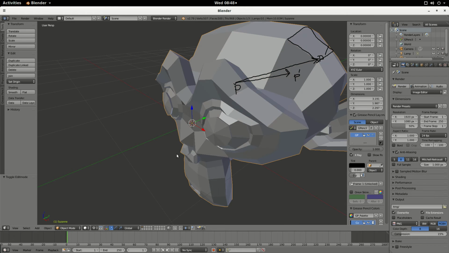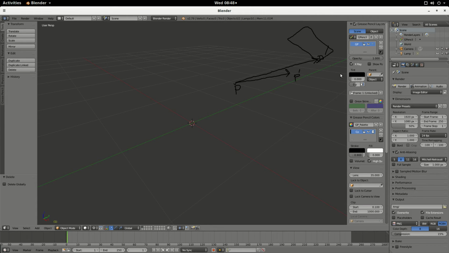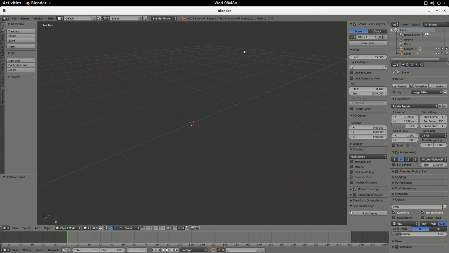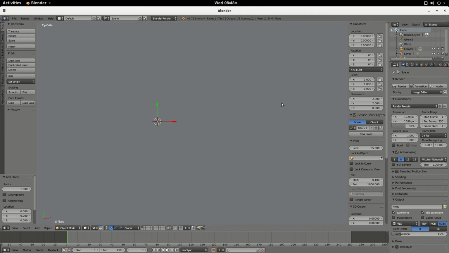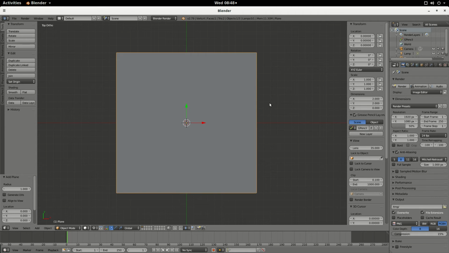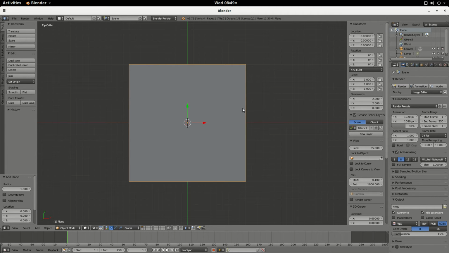So let me delete this monkey head for now, and also get rid of the drawing as well. Alright, to keep things simple, I will go back to the grid view, and let's say we bring in a plane. The plane is too big, I guess. Well, not too big.